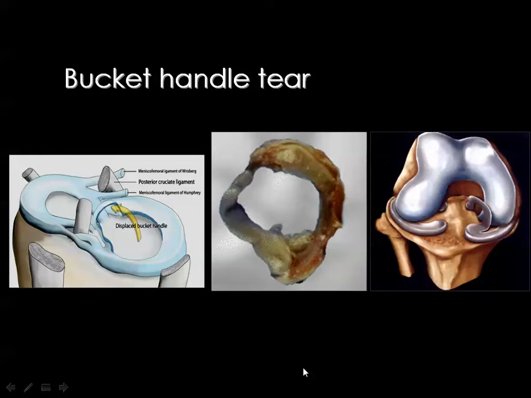Then we came to the bucket handle tear, which is a common lesion in the medial meniscus and less common in the lateral meniscus.